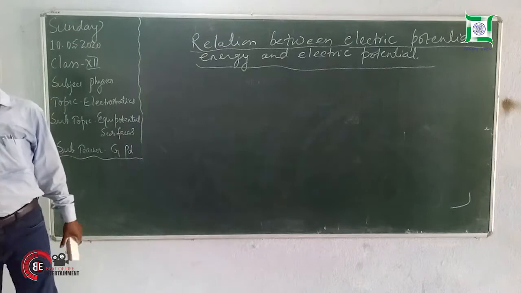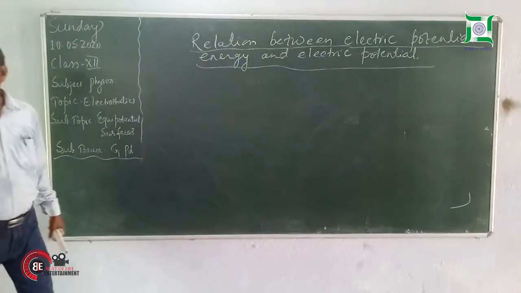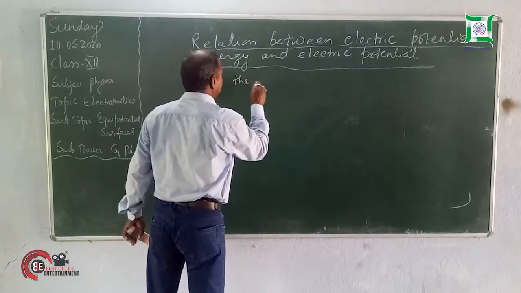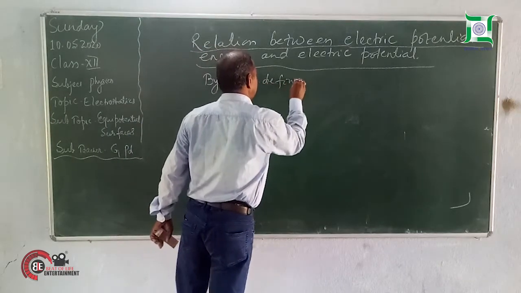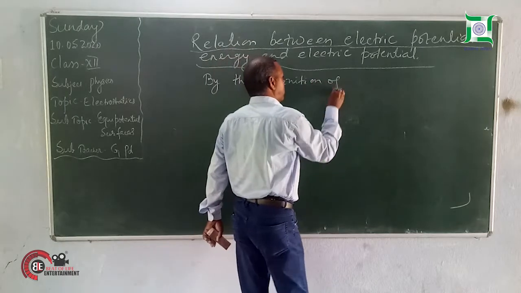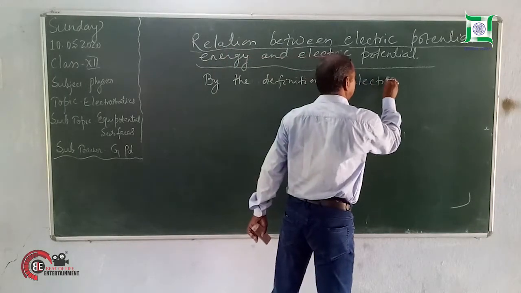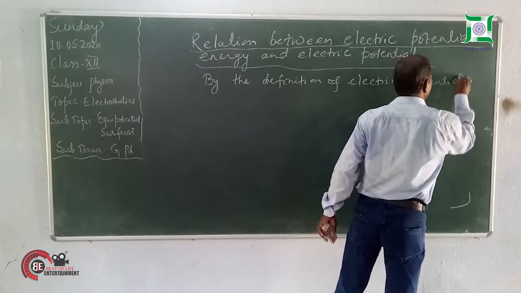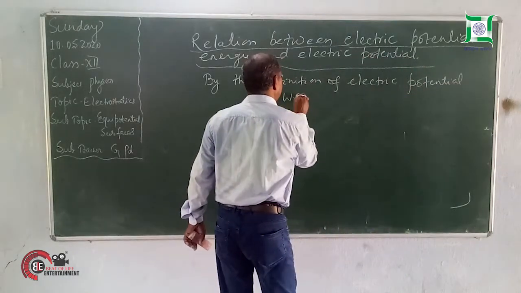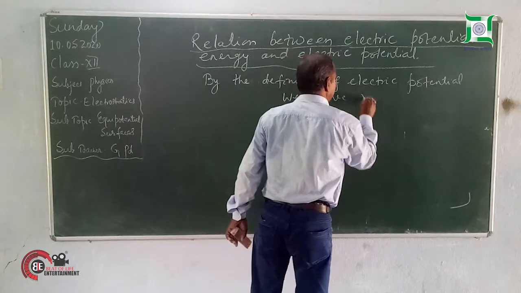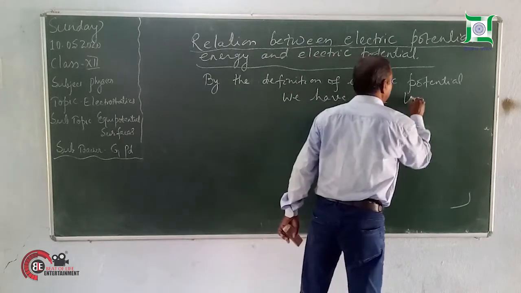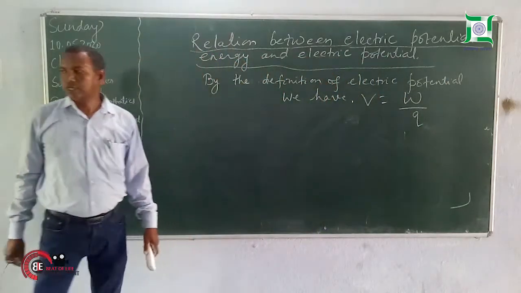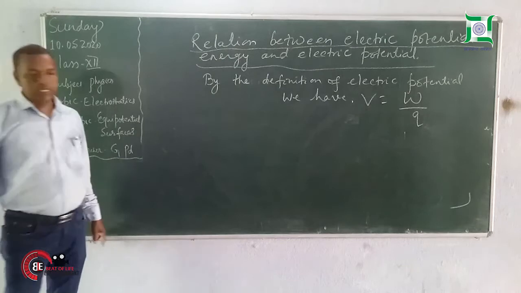By the definition of electric potential, we have V is equal to work done per unit charge, work done on a unit positive charge.